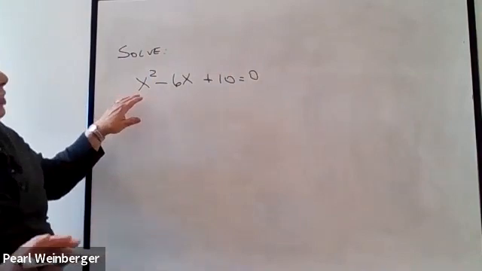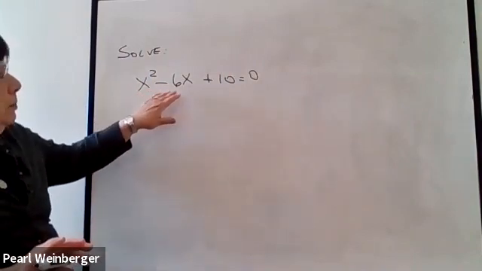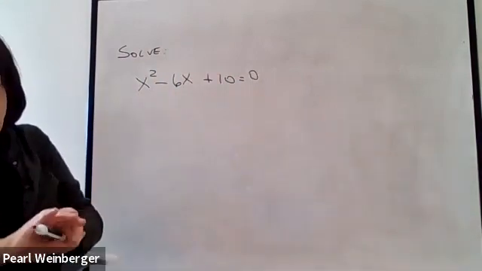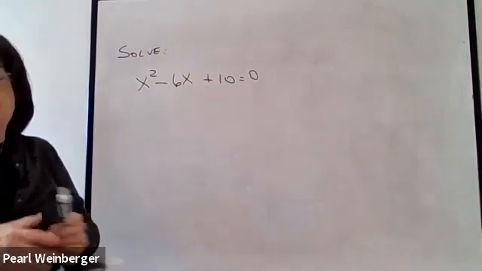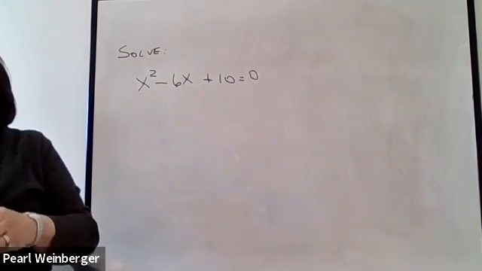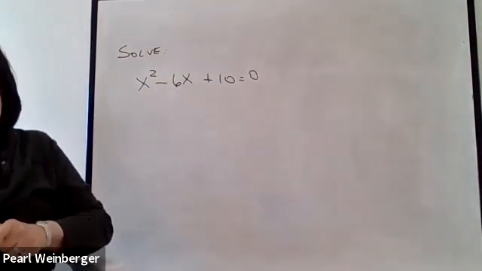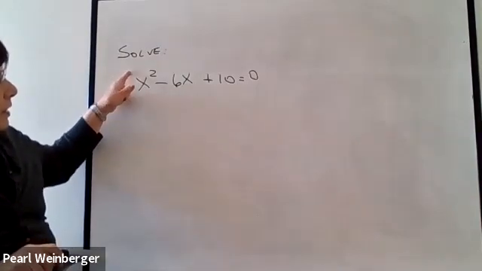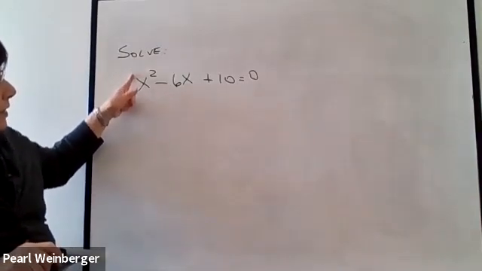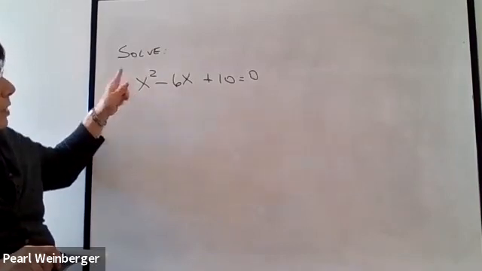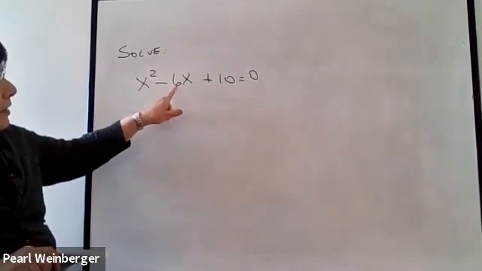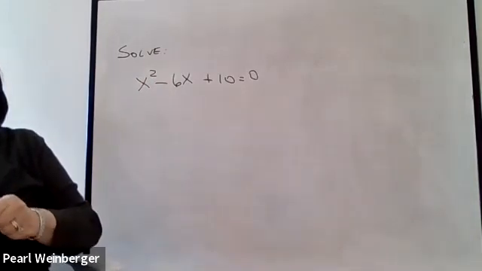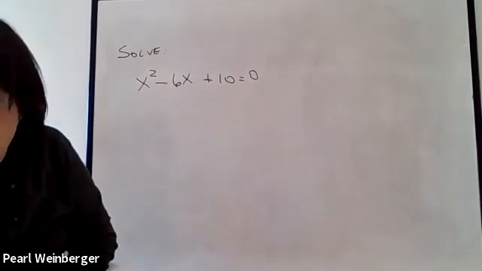The question is x squared minus 6x plus 10 equals 0. Now I'm going to give you a few minutes to work on this and see if you can do this problem. Again, it is one that you can use completing the square for, because this starts out with just a plain x squared. So the a is 1 and the b is an even number. So we could use the completing the square method.